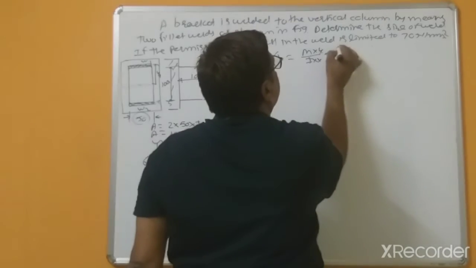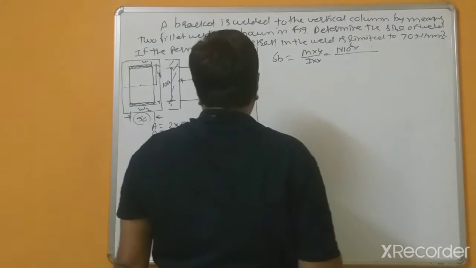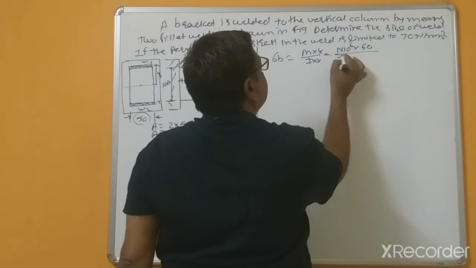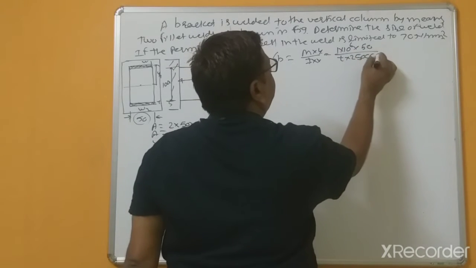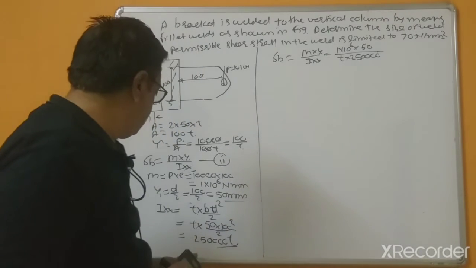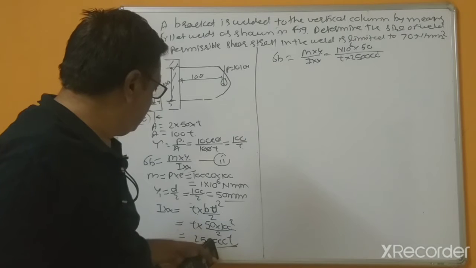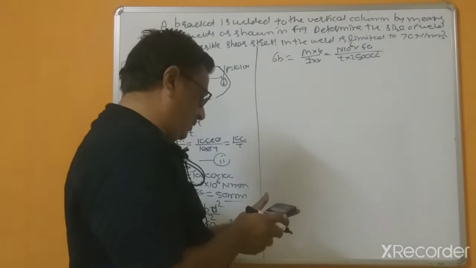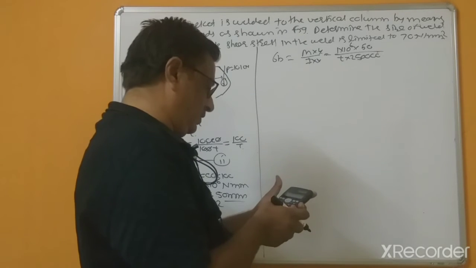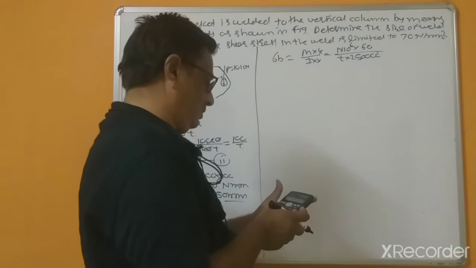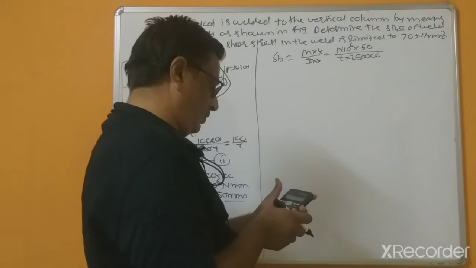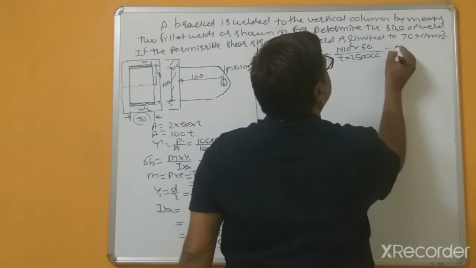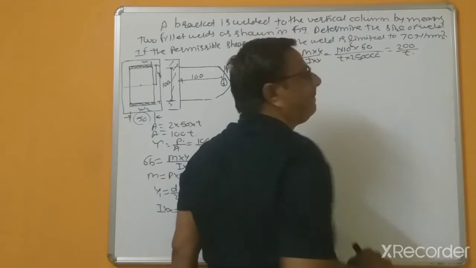M we already calculated, 1 into 10 to the power 6, Y equals 50, and the moment of inertia is 25000 T. So 1 multiplied by 10 to the power 6 multiplied by 50 divided by 25000 T, this is equal to 200 divided by T.